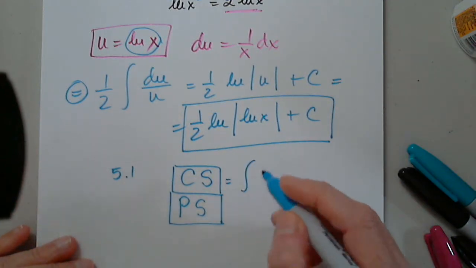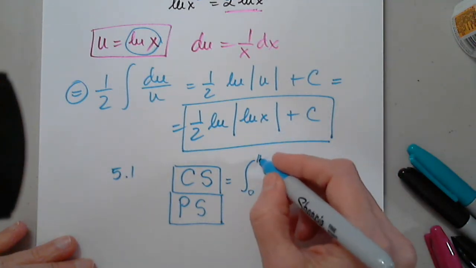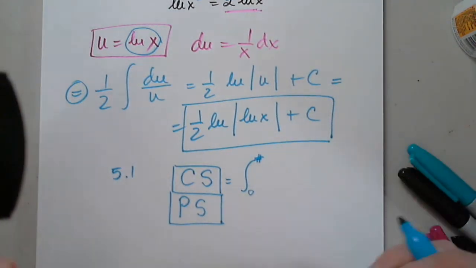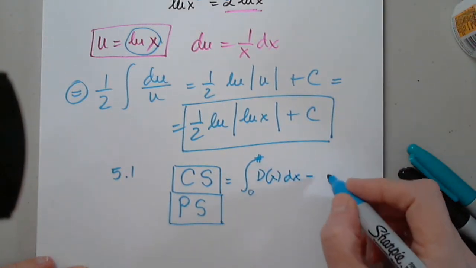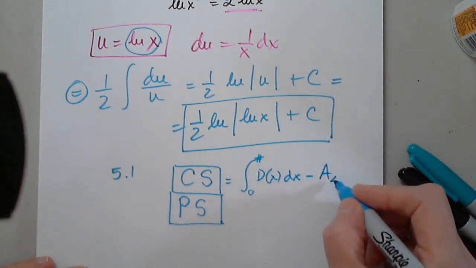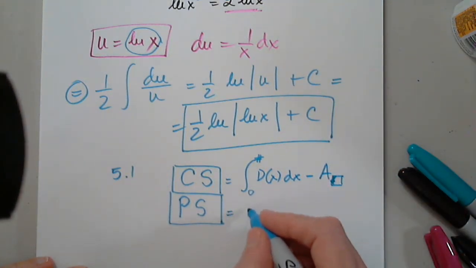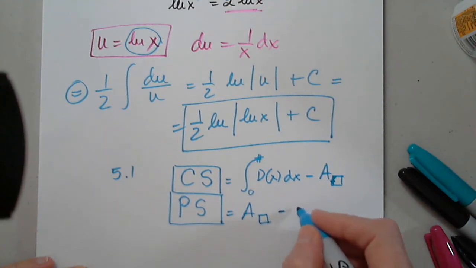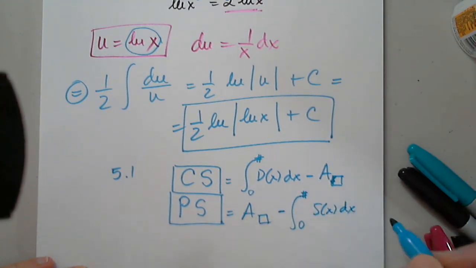This is the integral from 0 to a number, depending on the point we are looking at, of d of x dx minus that area of the triangle, of the rectangle, I meant to say, of course. And this one is the area of that rectangle minus the integral from 0 to a number of s of x dx, where this is the demand and this is the supply.